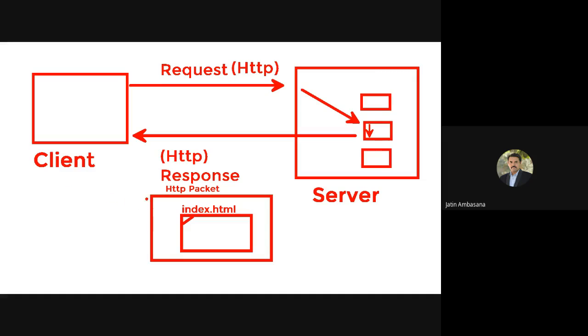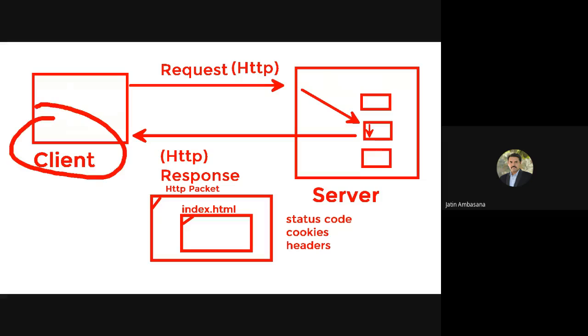This HTTP packet basically has all the other information regarding the response, like the status code. If you want to set any cookies, or any headers inside the browser, then all this information will be there inside this HTTP packet, along with which particular client it is going to and which particular server it is coming from.